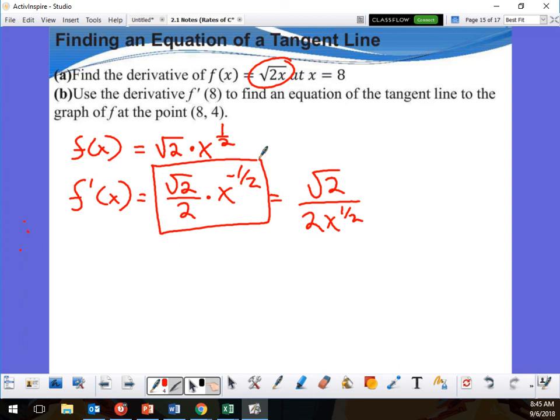So, find the derivative right here. Use the derivative. Okay, now let's find it at 8. So, f prime of 8 is going to give me what? Plug in 8 here. Radical 2 over 2 times square root of 8.